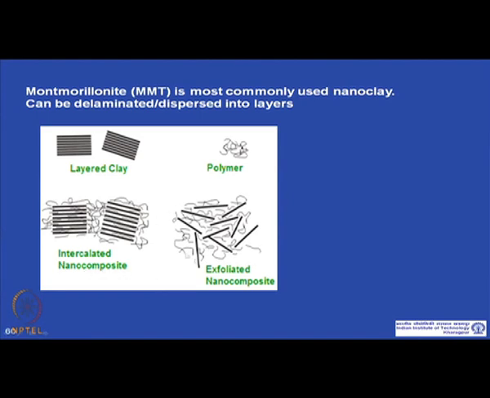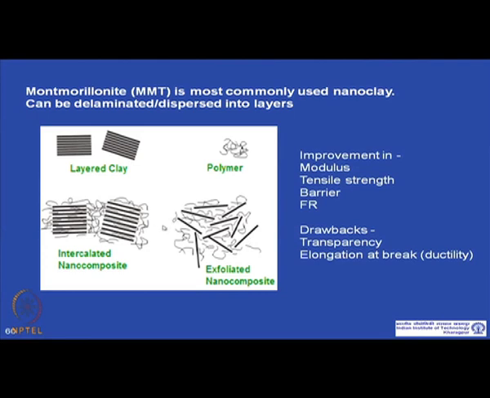Obviously, to improve property, this type of exfoliated nanocomposite with nanoclays is always preferred. So, with the use of this nanoclay, in the base polymer, there is improvement in modulus, tensile, barrier and fire retardant property, but obviously with this the transparency comes down and the ductility of the matrix comes down.